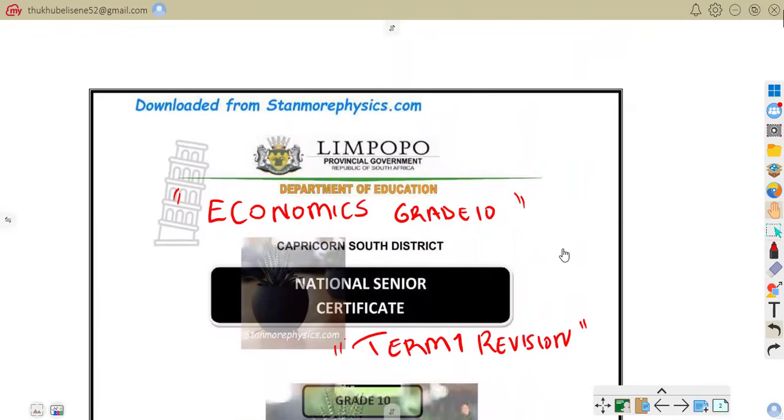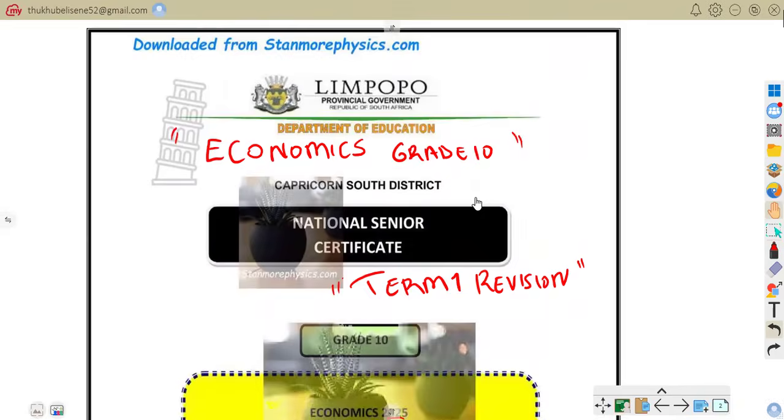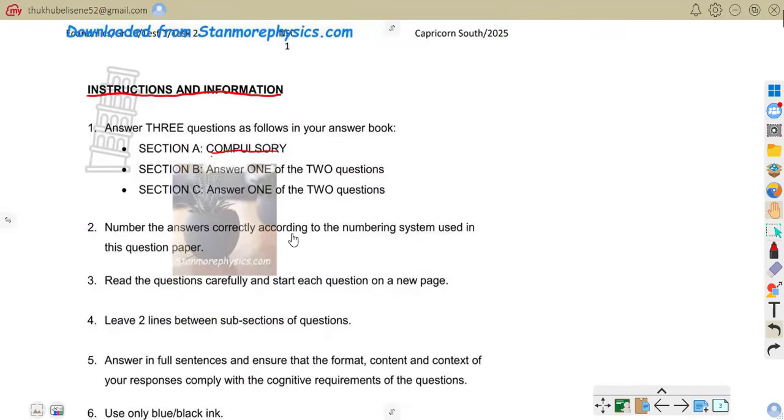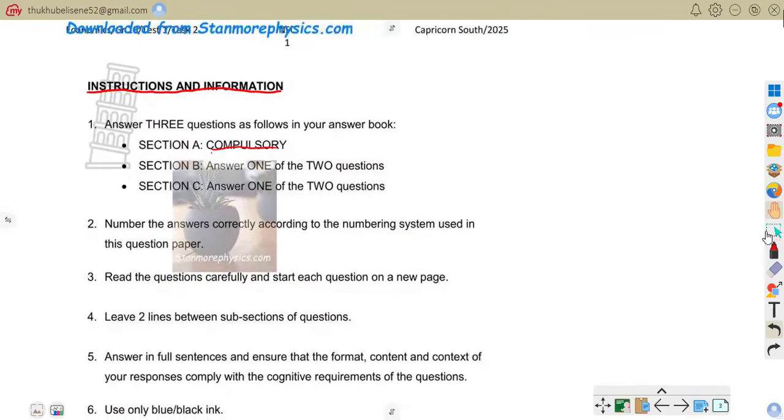So let us move on to instructions and information. Here we are on instructions and information. As it says, answer 3 questions as follows in your answer book. We have 3 sections, section A, section B, and section C. For now we are going to do section A and section B, and later on section C, which is an essay question.